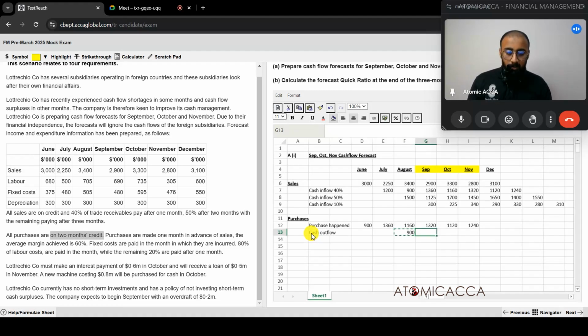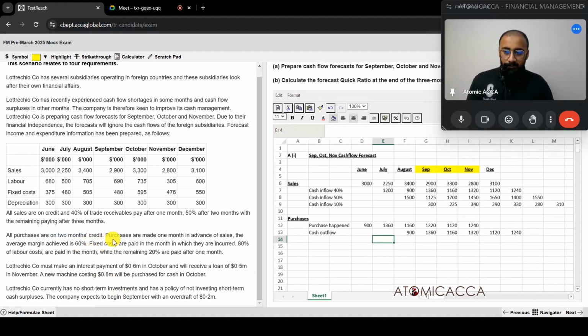This is the payment for July. So 2 months, 1, 2, 3, 4, 5, 6. So this is how the payments will be. So 900 will be paid here, 1360 after 2 months, 1160 after 2 months, 1320 after 2 months, this one 2 months, this one 2 months. So that is also ready.